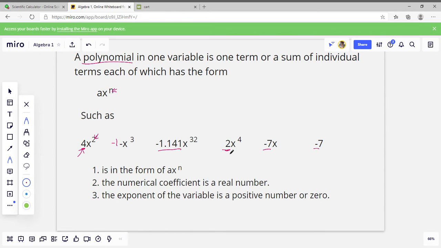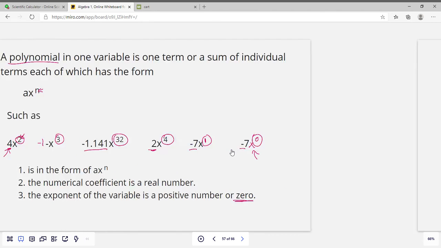So 2 is a positive number, 3 is, 32 is, 4 is, and this one would really be 1, that's positive. And this would be like x to the 0, which is positive or 0. So it doesn't necessarily have to have a variable, because it could be just x to the 0, which doesn't show up. Those are polynomials.